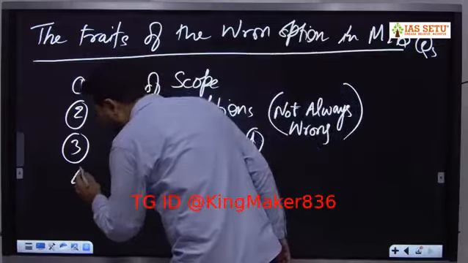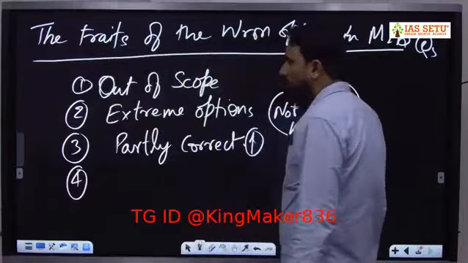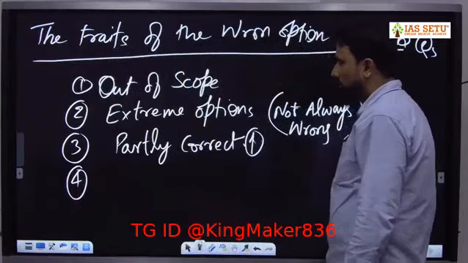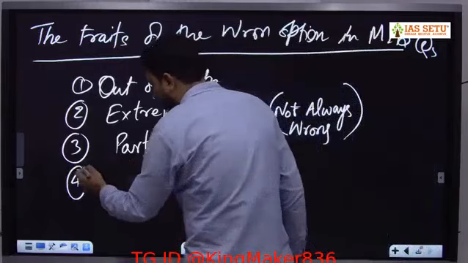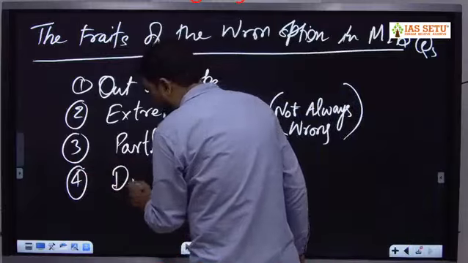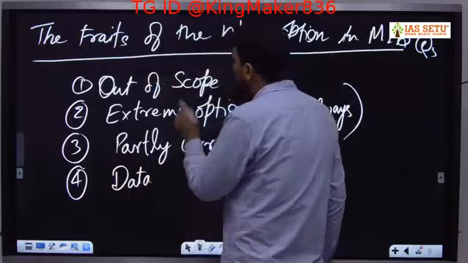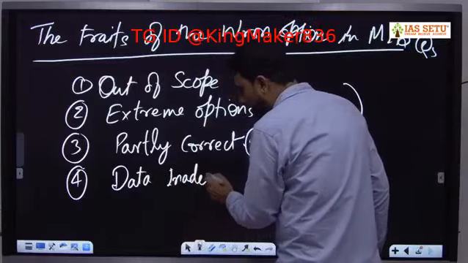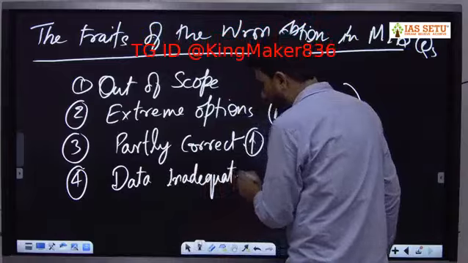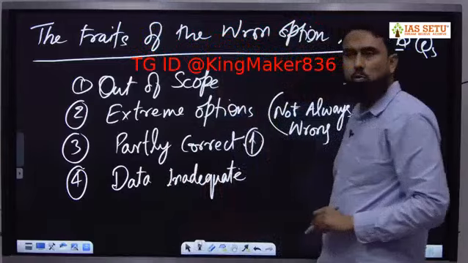Number 4, data inadequate is quite close to this out of scope type.